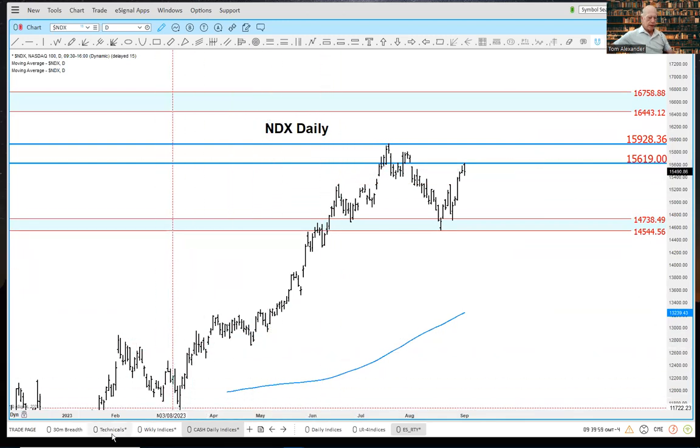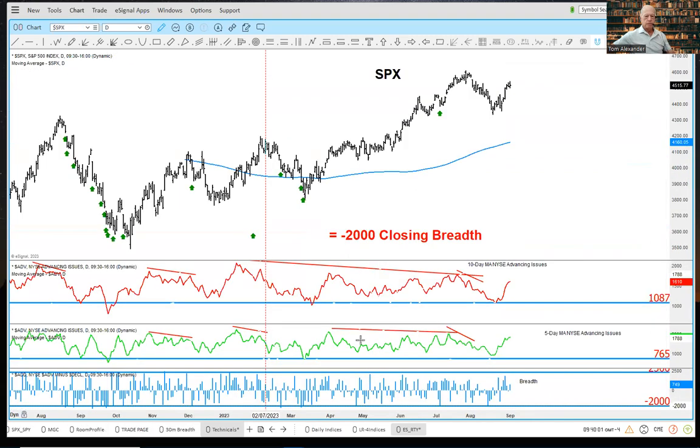Okay, if we look at the internals of the market, and when I say internals, I use NYSE data, specifically advancing and declining issues, you can see the 5-day and 10-day moving averages of advancing issues are off of a mildly oversold level, and that has been alleviated.